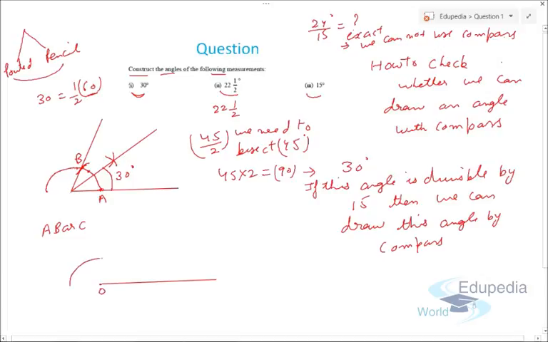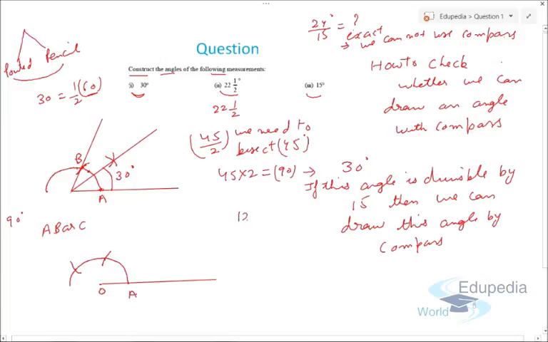Again we open a compass like this and draw an arc, keeping this as center. Let's say this is O. We draw an arc like this, and let's say this is a point A. Then from point A, first we draw a 60-degree arc. Then from this point, we draw another arc which is the 120-degree arc, right? For the 90-degree angle, we need to bisect 120 and 60. Why?